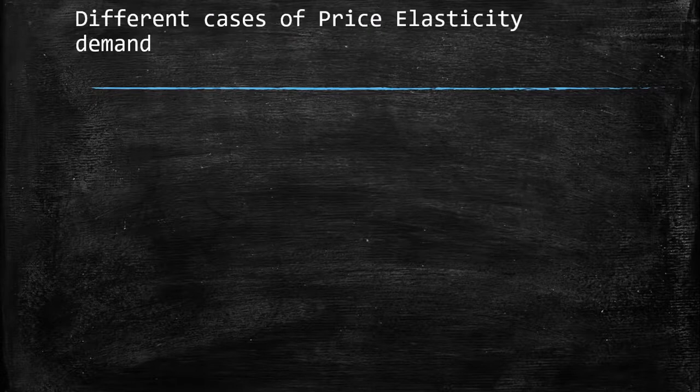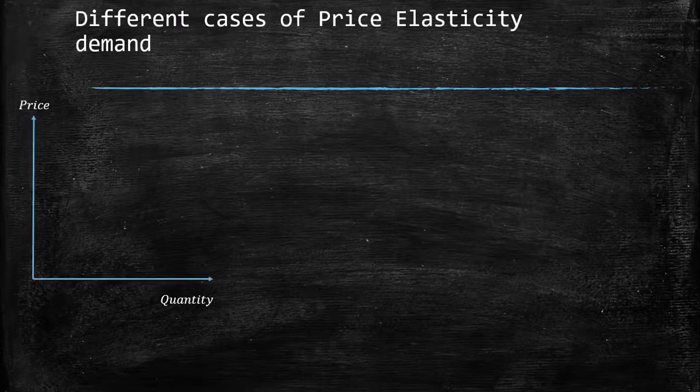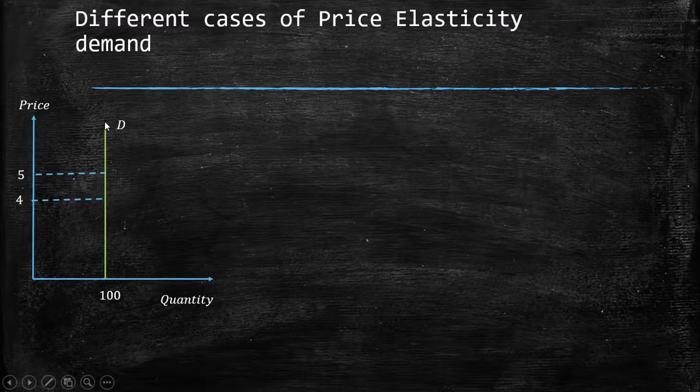Okay, so now we are going to review different cases of price elasticity of demand. So here we have the first case. If you realize, this is a demand curve which is completely vertical. What does it mean? Analyze a little bit about it here.